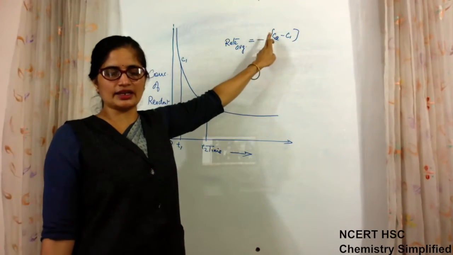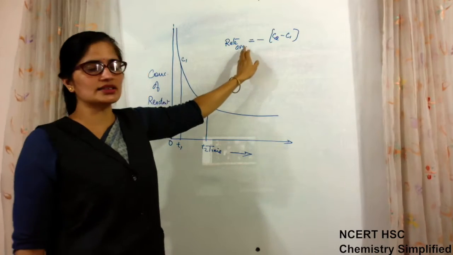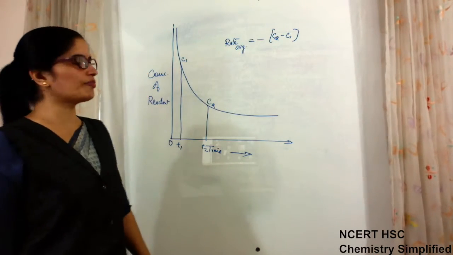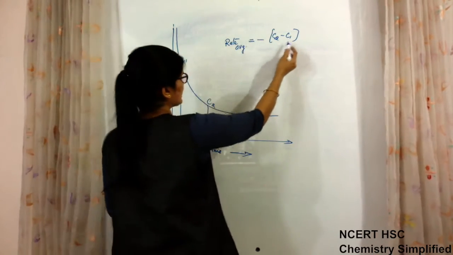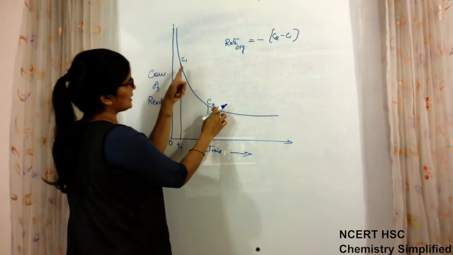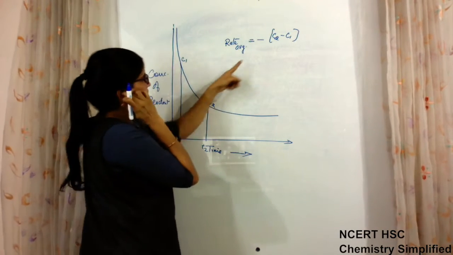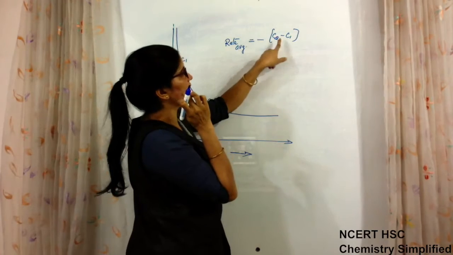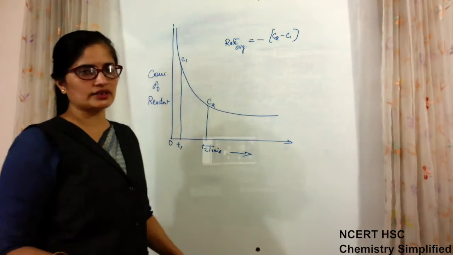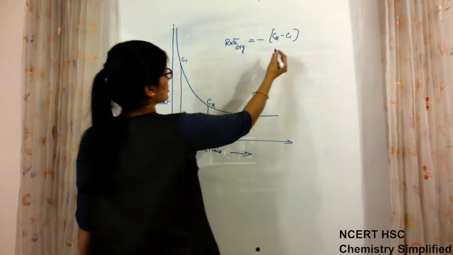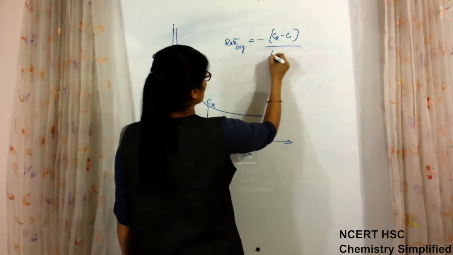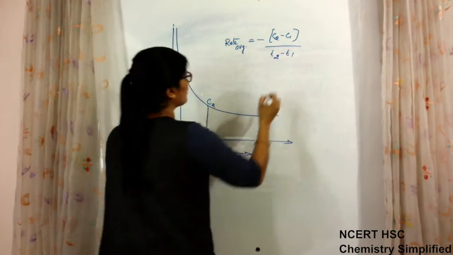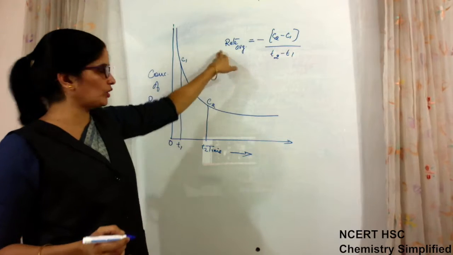This negative sign is only indicating that it is the rate of disappearance of reactants, because C2 is less than C1, so C2 minus C1 is negative, and negative of a negative gives a positive value. So C2 minus C1 upon T2 minus T1 will give you the value of the average rate of this reaction.